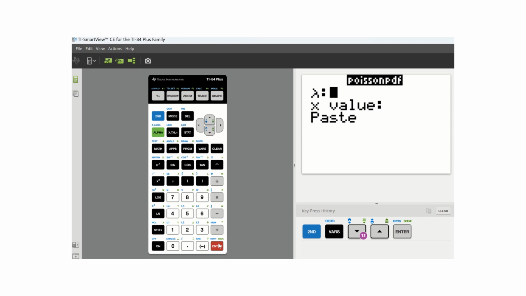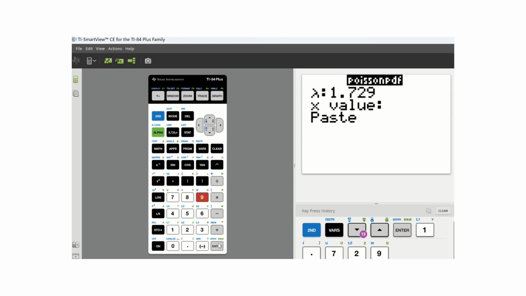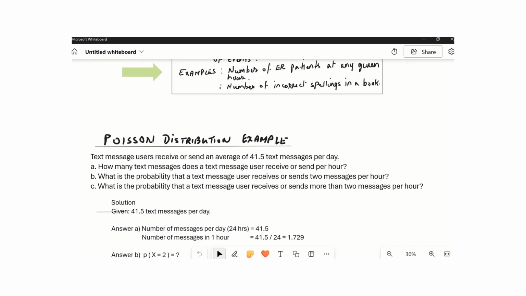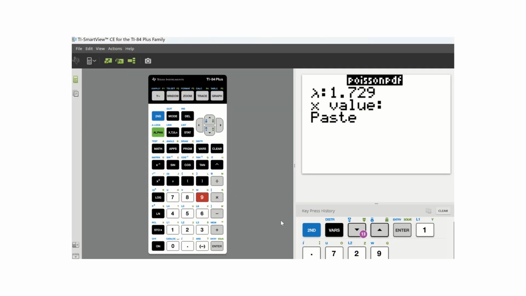All you need is the lambda, which was 1.729. Let me just make sure. Yep. And the x value that we need it for is 2 messages for the given time frame, with the average of the messages at 1.729.